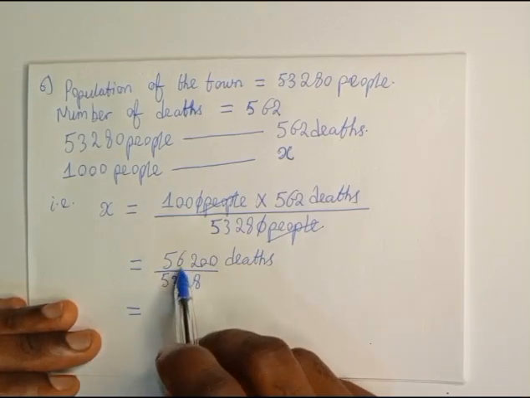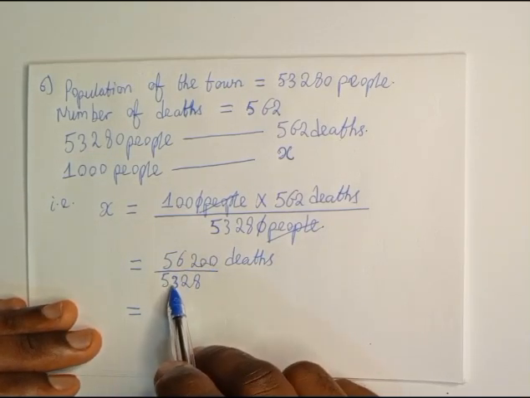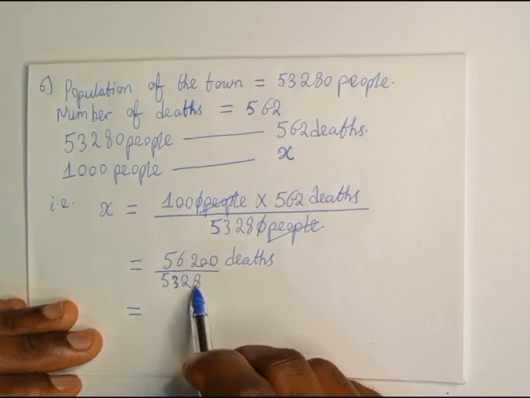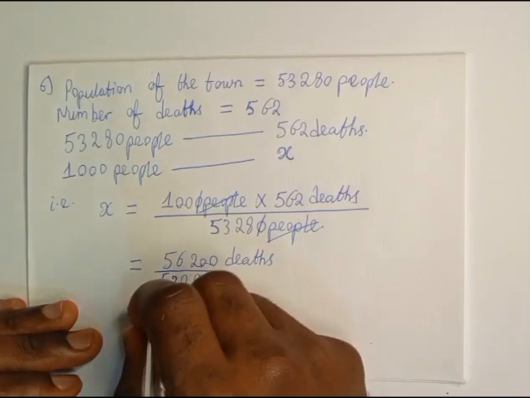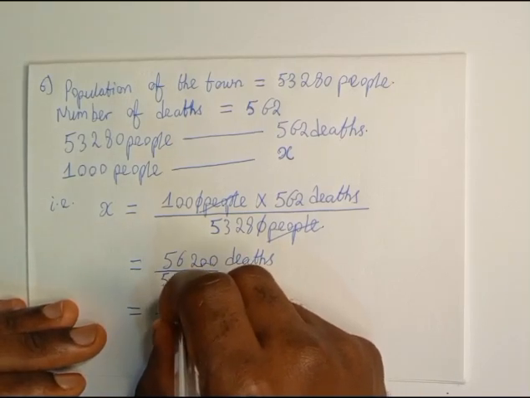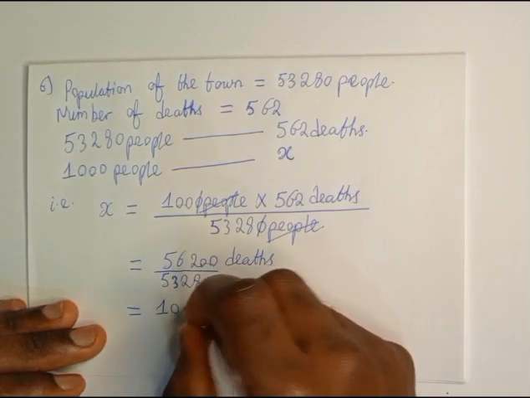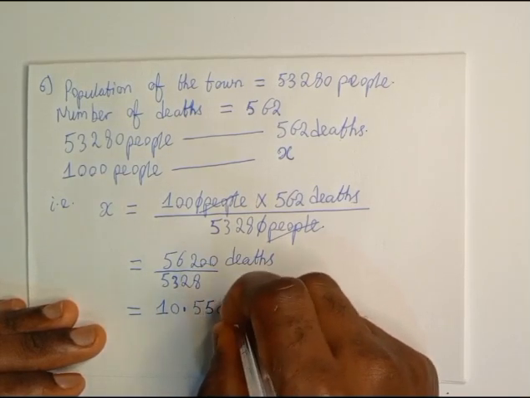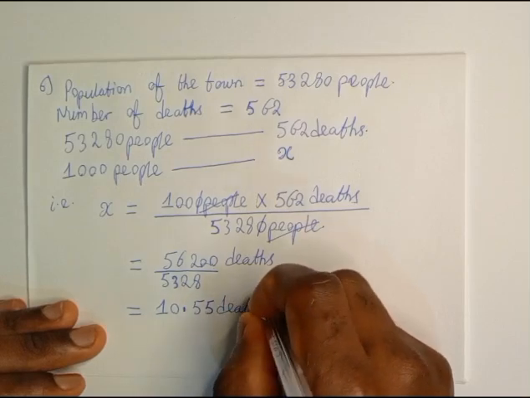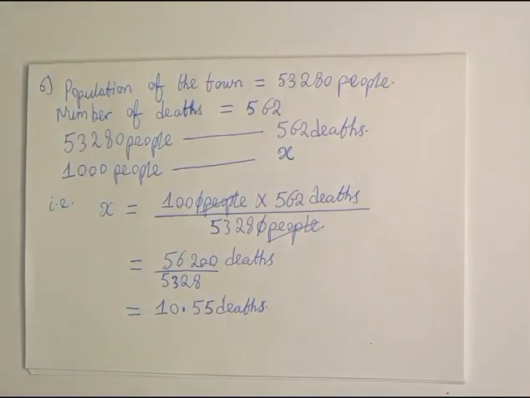Dividing 56,200 by 5,328 gives us 10.55 to 2 decimal places deaths. 10.55 deaths is simply the number of deaths in 1,000 people.